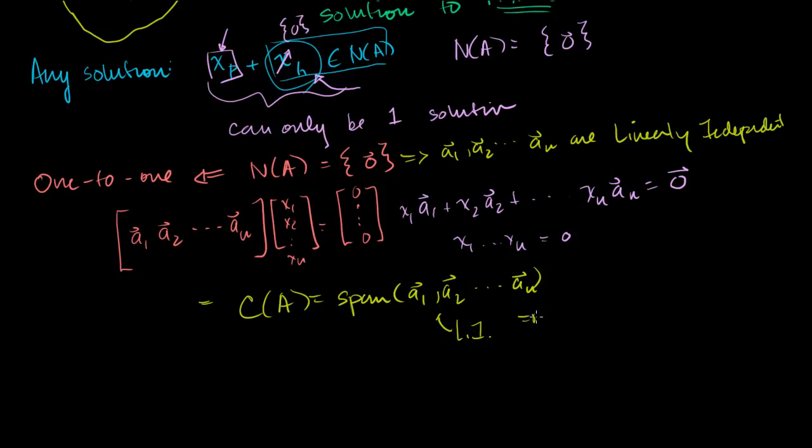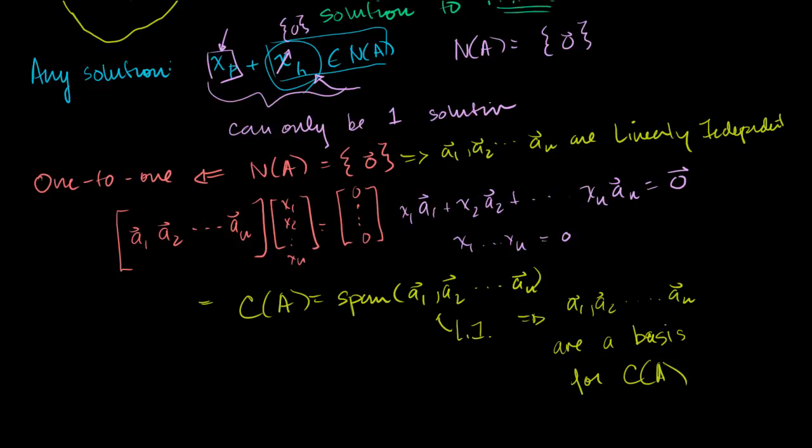So a1, a2, all the way to an are a basis for our column space. They obviously span our column space by definition, and they are all linearly independent, so they form the basis.